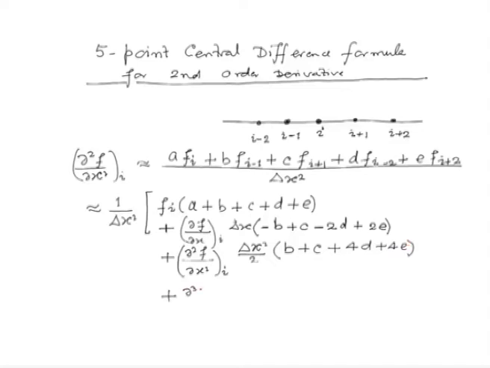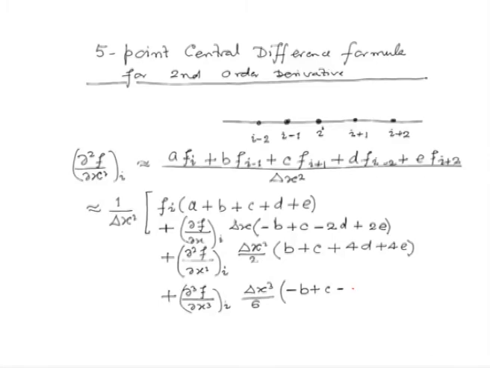Next, the third order derivative. Here let us take Δx³ by 6 outside. So from the expansion of f_{i-1} the contribution would be minus b, from f_{i+1} plus c. From f_{i-2} we will get 2 cube into d, that is 8d, and from f_{i+2} 8e.